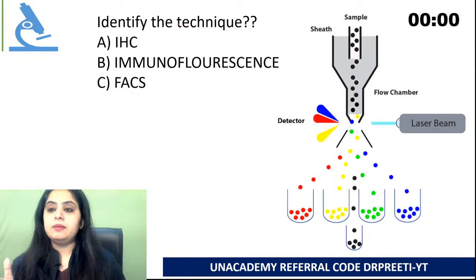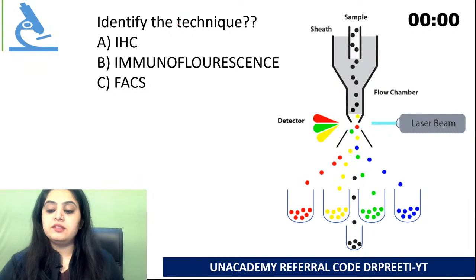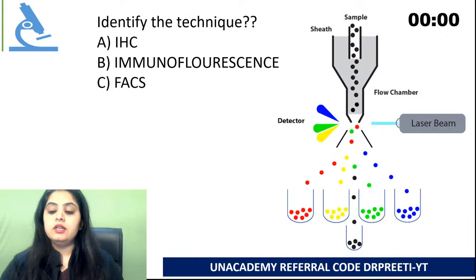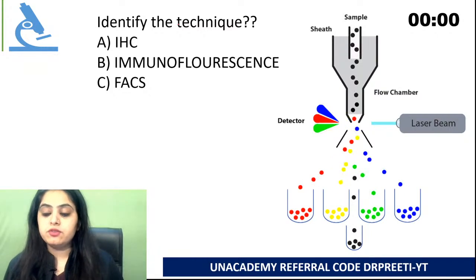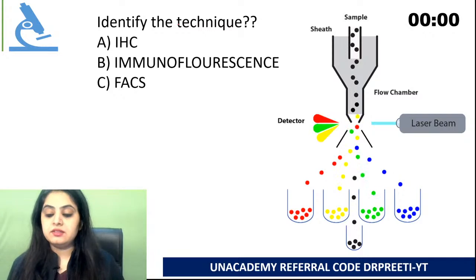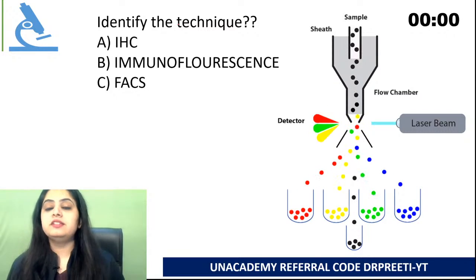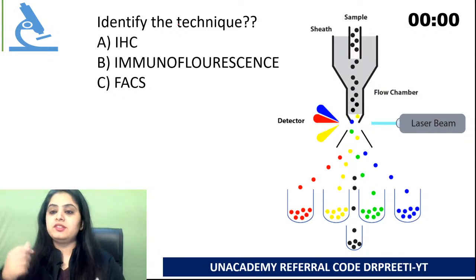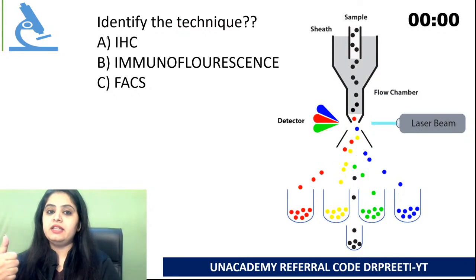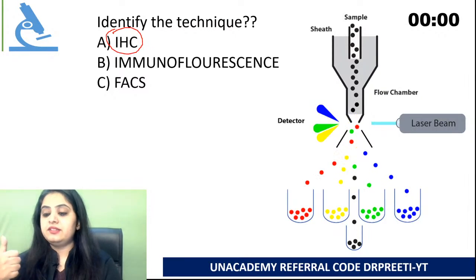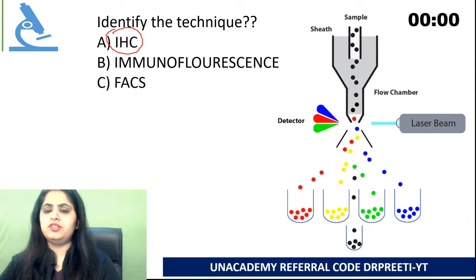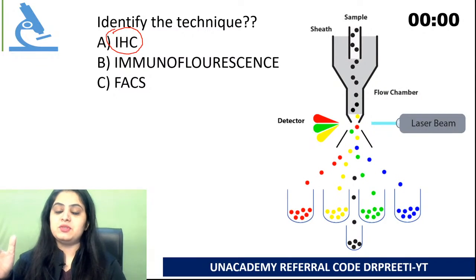And yes, the time is up as well. So what is the answer that everyone's got? There are 3 techniques written in front of you, and I've got 1 or 2 answers. Yes, okay, many of them coming up now. Correct, this is FACS. If I would have said IHC, it doesn't look like IHC. It is immunohistochemistry; that also I've got in one of the questions today.